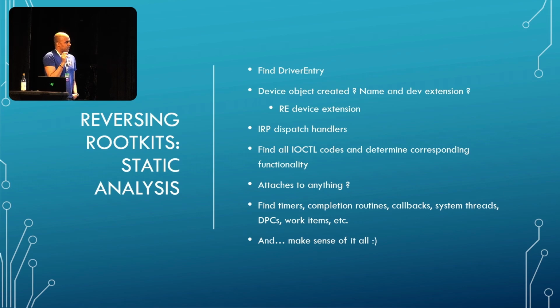For example, the executable you saw me running, controlling my rootkit, is sending device IO control requests with the IOCTL codes and then a buffer that can be very generic, could be anything. The rootkit doesn't really know what that buffer is. Is it a process ID? Is it the name of a process? So the IOCTL will send a code that tells the rootkit exactly how to interpret the data being sent.